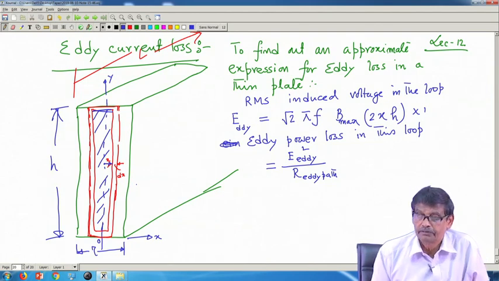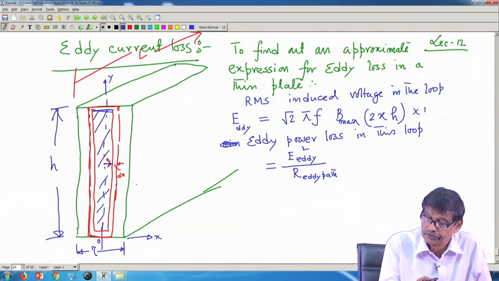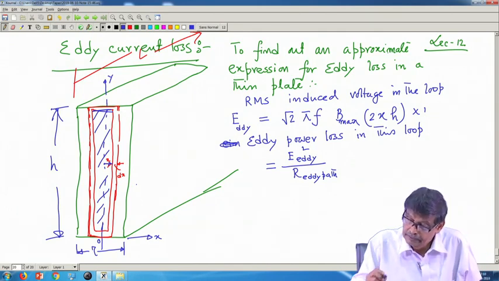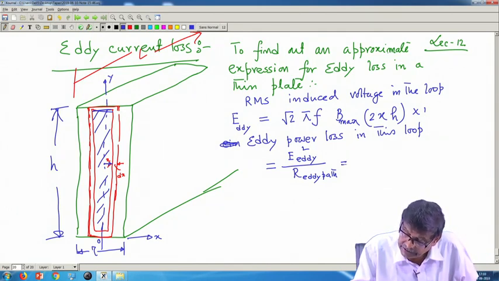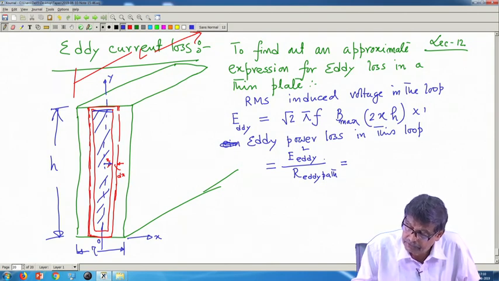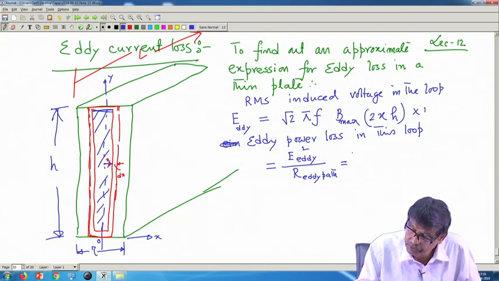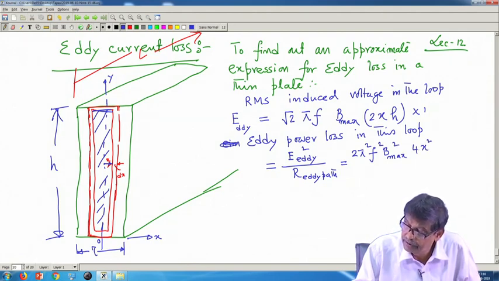This will be the power loss, V square by R, what else, because the circuit is closed. Therefore, this I will write it now, I will just put these values. It will be 2 pi square f square B max square into 4 x square h square.